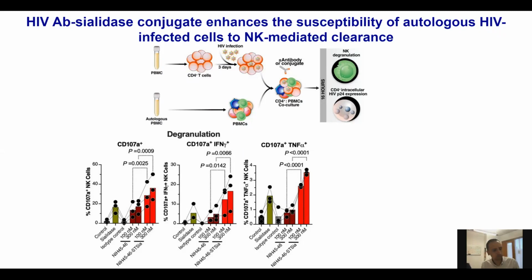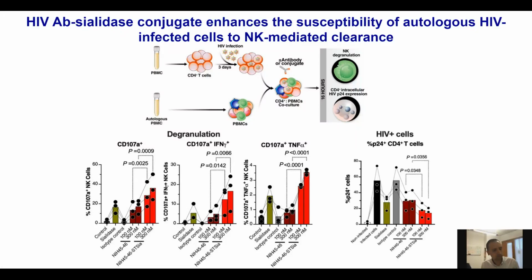And in all of those cases, you can see that the 2 different concentrations of the conjugates here in bright red can lead to higher NK degranulation compared to the exact same 2 concentrations of the antibody alone here in dark red. And obviously this resulted in a reduction in the level of HIV-infected cells when using these conjugates, again in bright red, compared to the antibody alone in dark red.